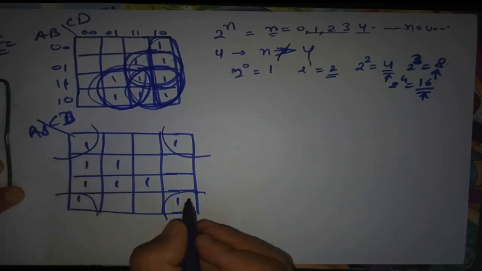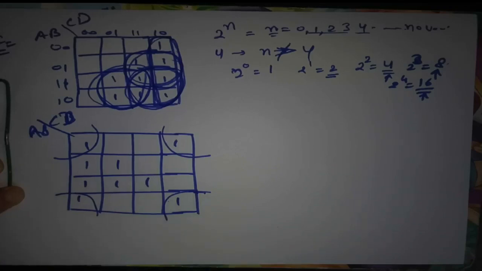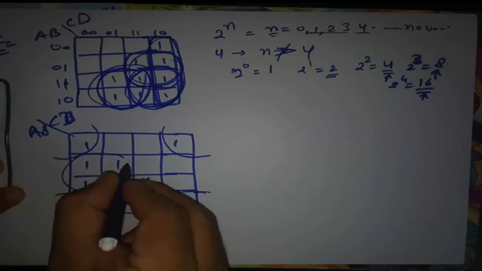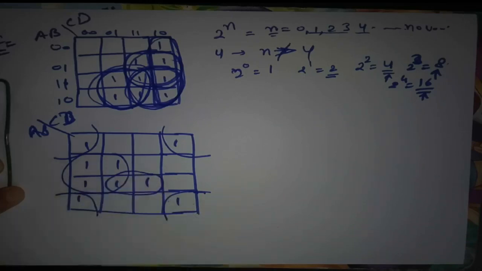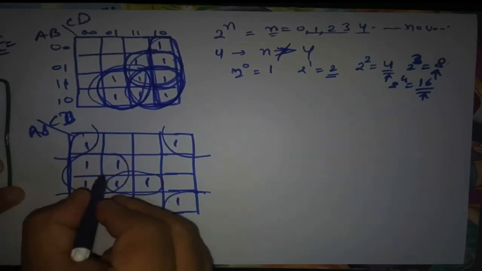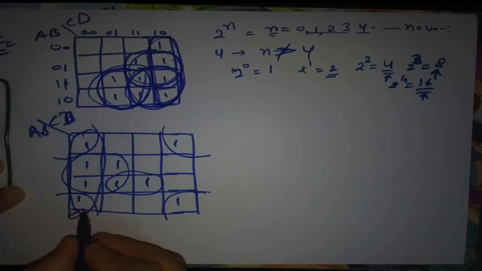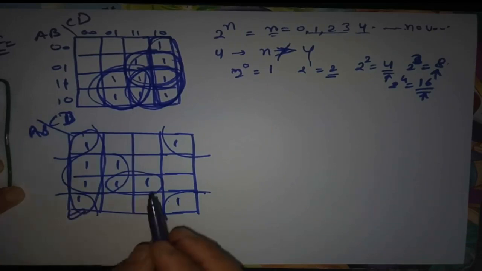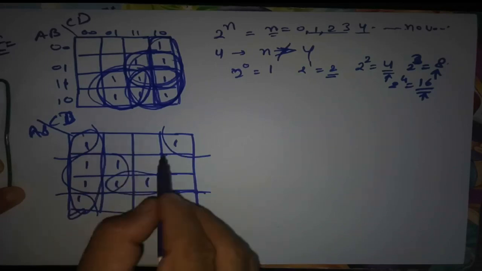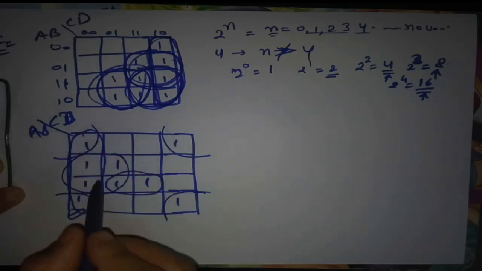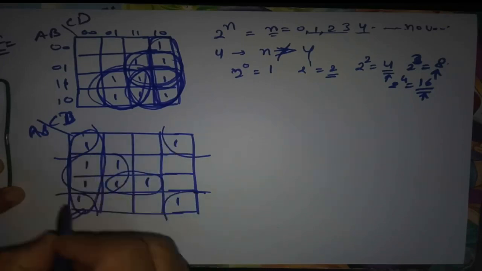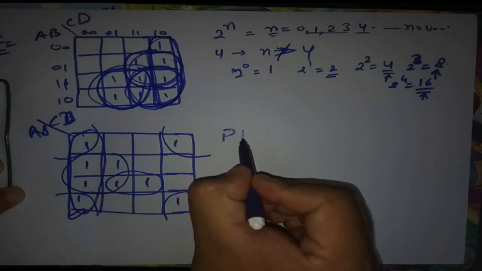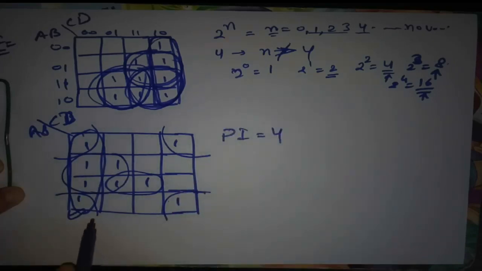We will discuss the types of grouping in the next lecture. Now we can create this group, this group, and also this group. Clear? Here the total groups are one folding, one folded corner folding, and this one: 1, 2, 3 and 4. That means here the total prime implicants will be 4 in that particular example.